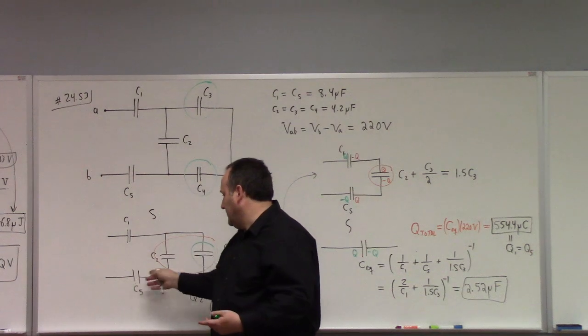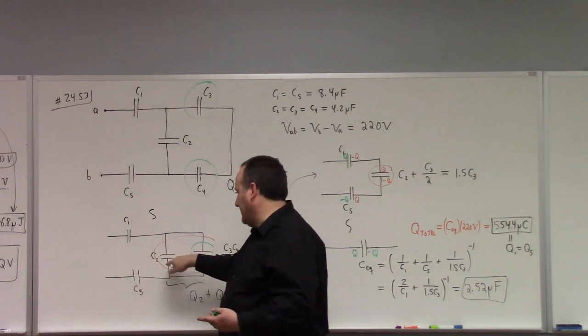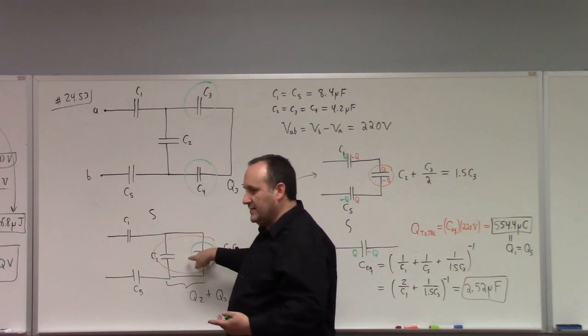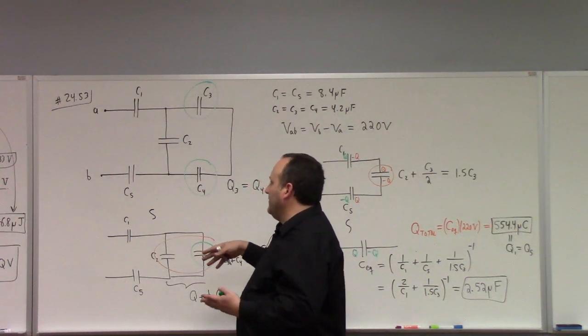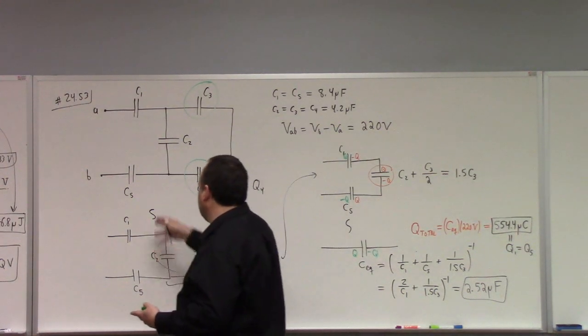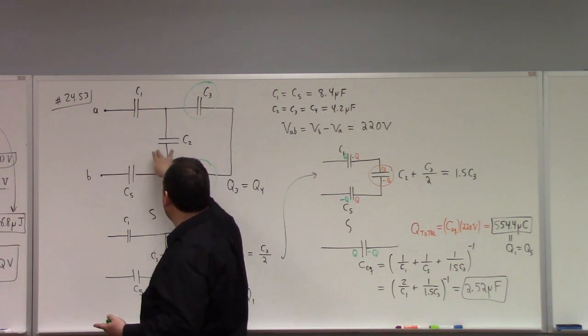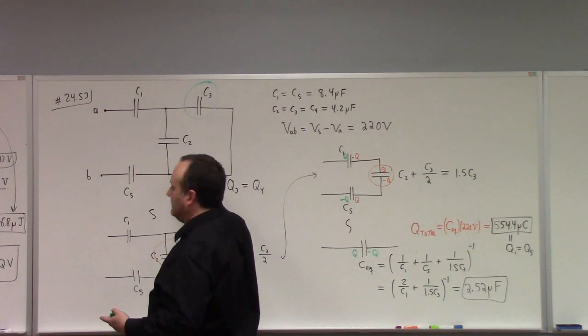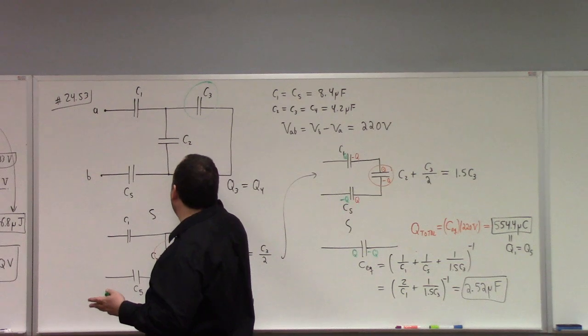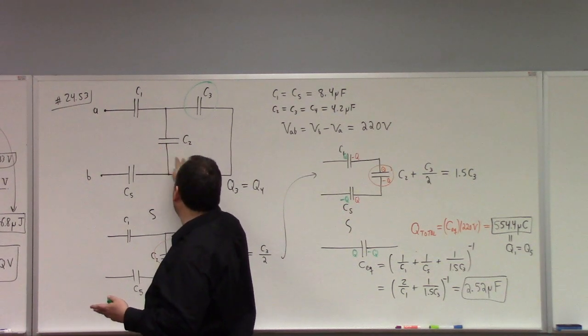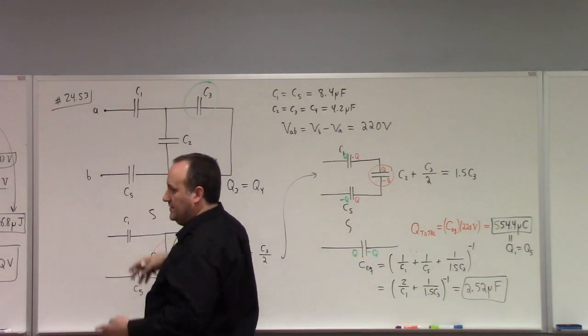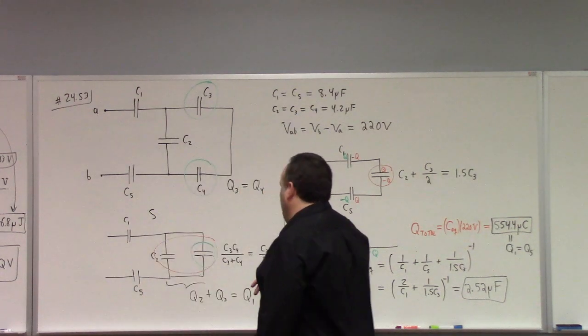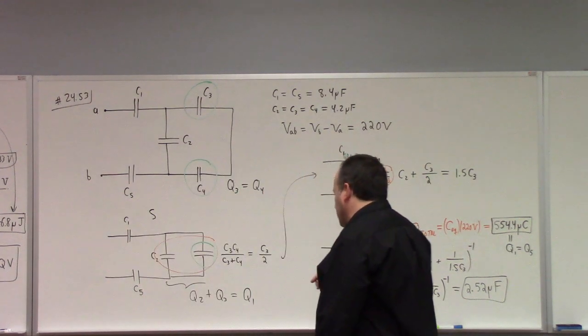So the charge gets split here, but we still have to have the sum of the charge on this and on that. But it's more complicated than that in truth, because the charge on here has to be the same as the charge here and the charge there. Not that they have to be equal, but the sum of the charges here and here have to match that in magnitude at least. Oh no.